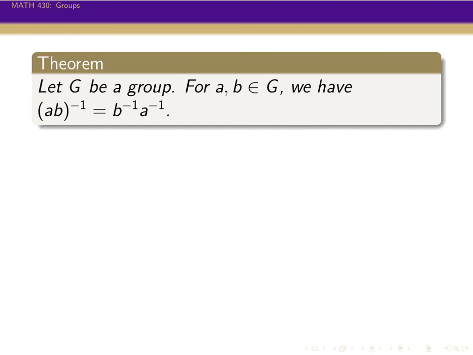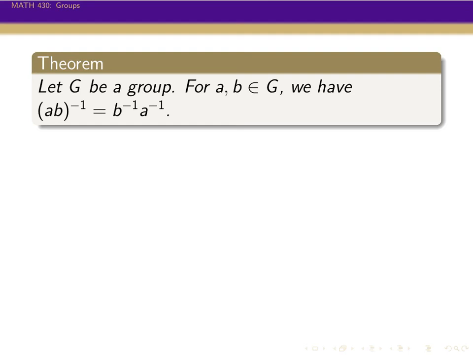Okay, the last thing I want to talk about is this little theorem. If you have two elements applied to each other, and you want to find the inverse of A times B, well, that inverse of the quantity A times B is going to be B inverse times A inverse.